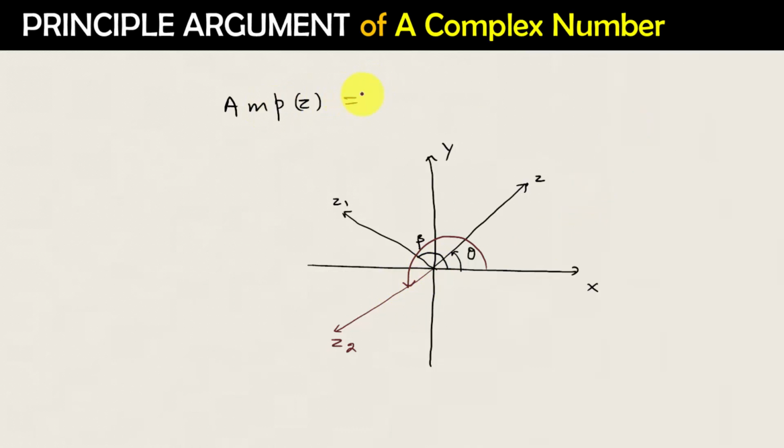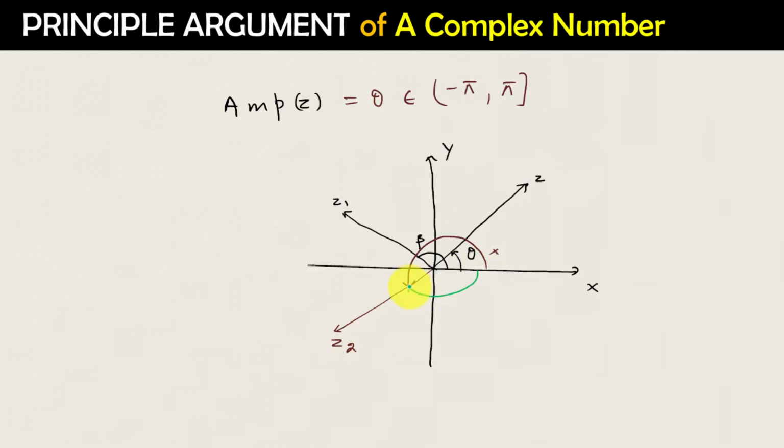Since if amplitude of z is theta, then it must lie in between minus pi to pi, and this angle is more than pi. This angle is pi and plus something, so this is more than pi. So this is not the principal argument. Then how will we measure the principal argument for complex number z2?